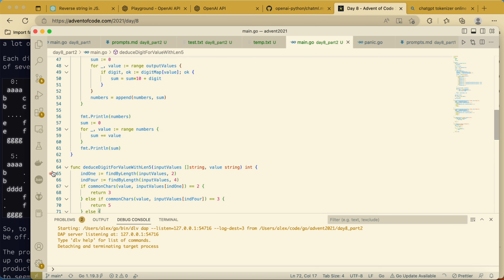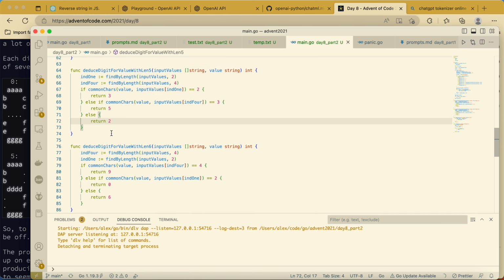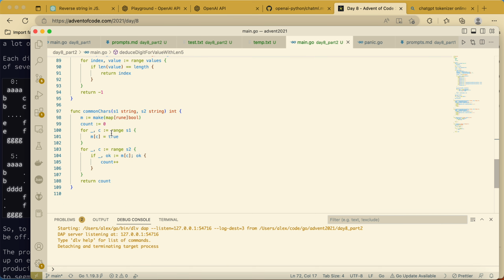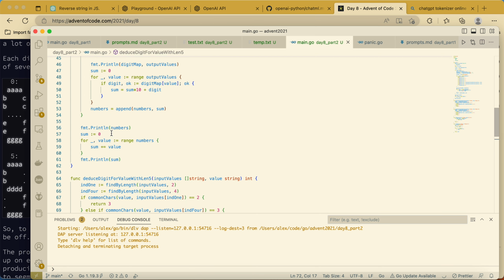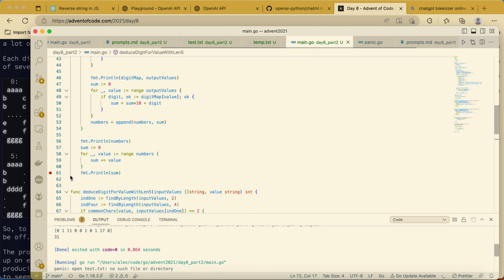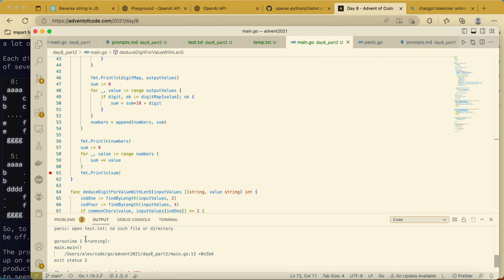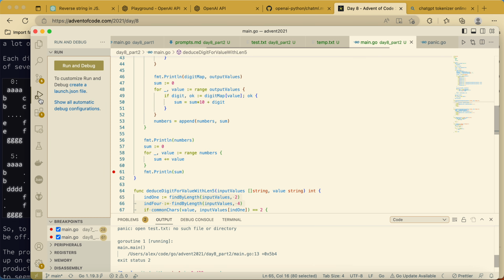Let's remove these breaking points. And let me simply stop here and run the program like that. No, I couldn't. I need to run the debug.